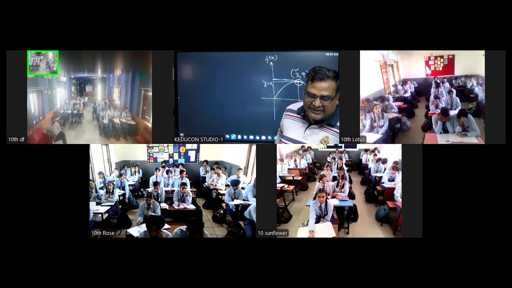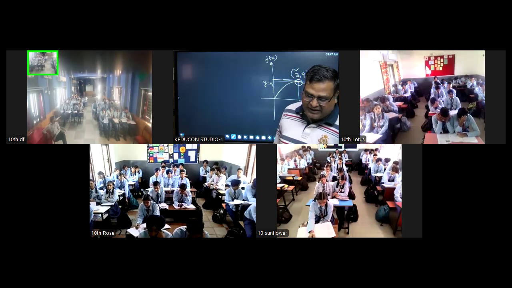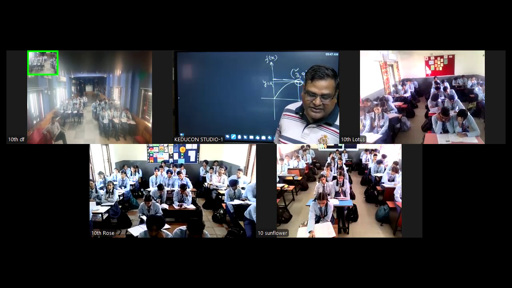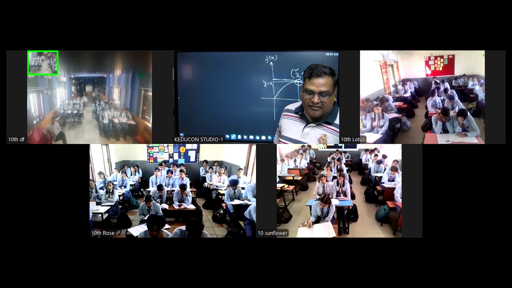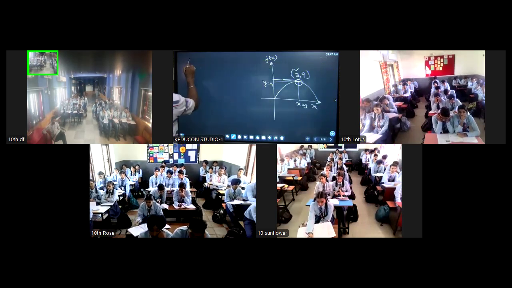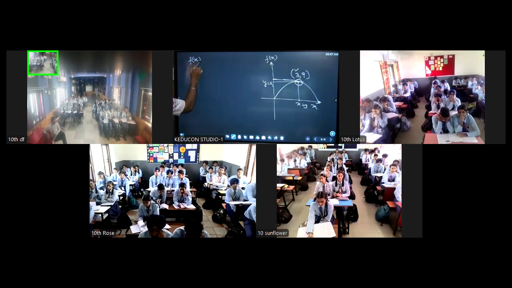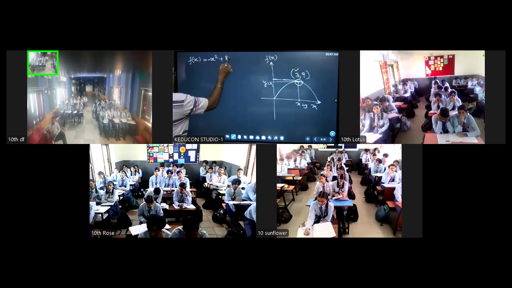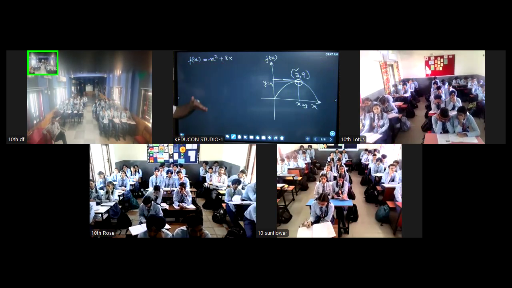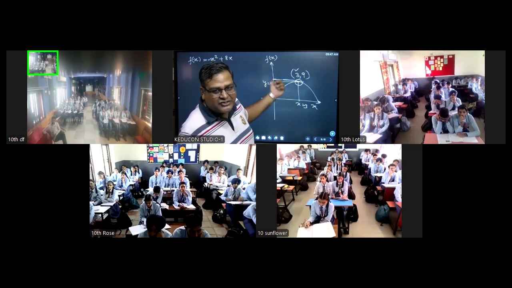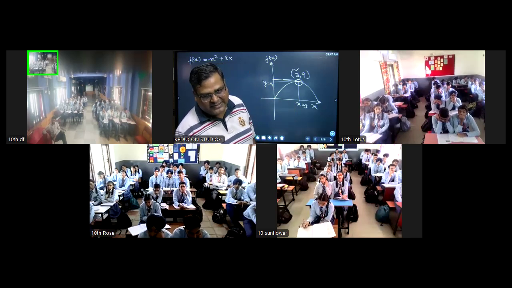If the architect wants to increase the width of the arc by adjusting the polynomial to minus x square plus 8x, how does this change affect the zeros and the maximum height? Now understand the question. If he has to increase the width of the arc, change the equation to minus x square plus 8x.